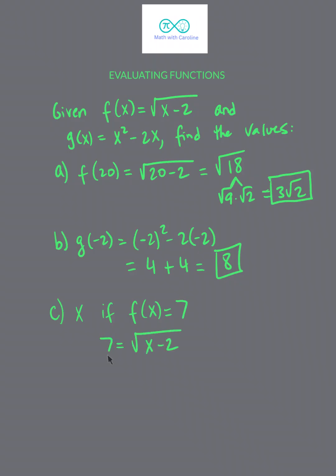So we'll write it like this. 7 equals the square root of x minus 2. Substituted in 7 for f of x. And this way we can solve for x. We'll square both sides, and then we'll add 2 to both sides. So our x value is 51.